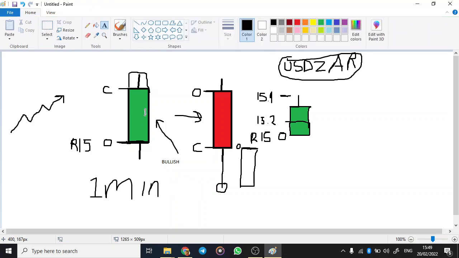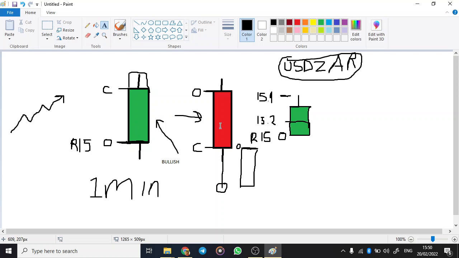The more it goes up, the more we say it is very bullish. If it becomes significantly large, we'll say that's a very bullish candlestick. But if it's just small but green in color, we'll just say that's a bullish candlestick because it's green.